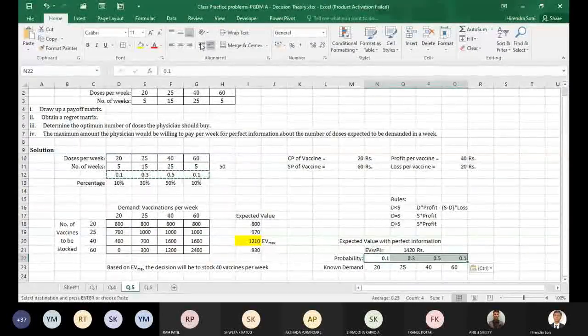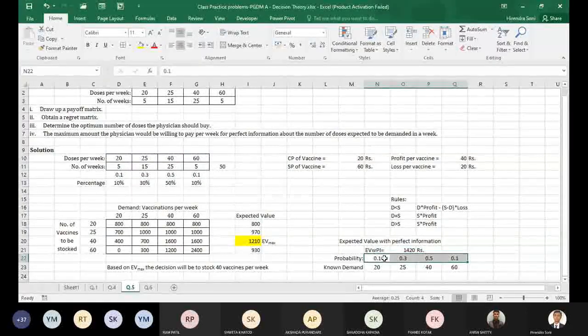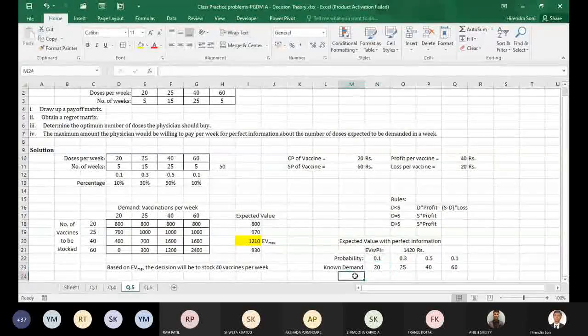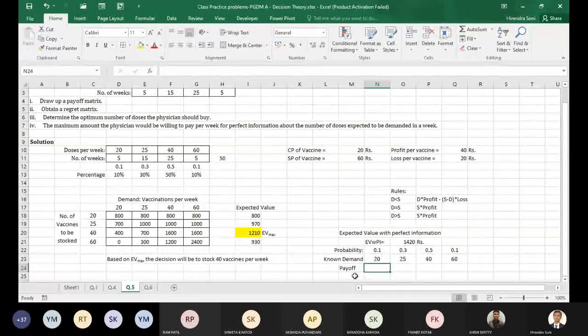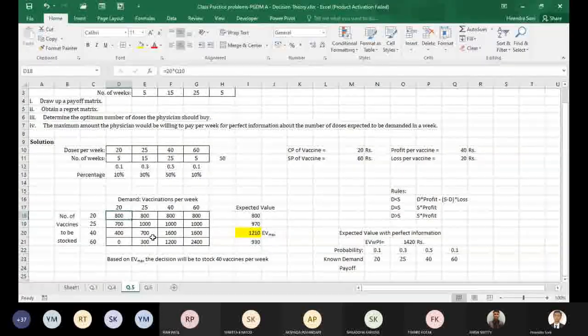Correct? So in that particular case, मेरा पे ऑफ क्या रहेगा, जितना मेरा डिमांड है उतना ही मैंने लेके आया. So that means I am talking about this payoff. करेक्ट ना?